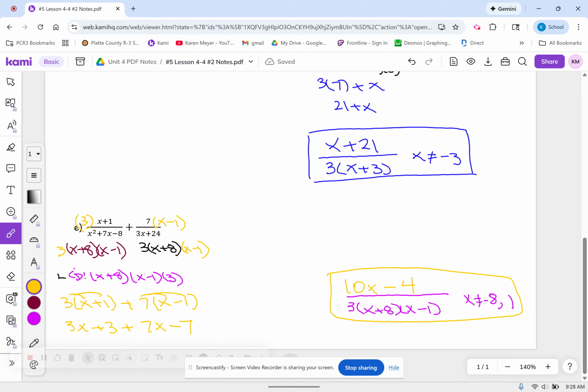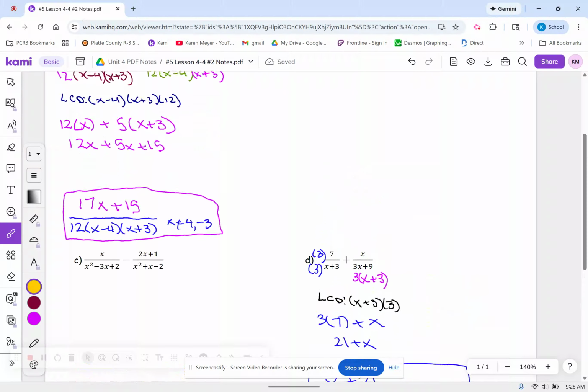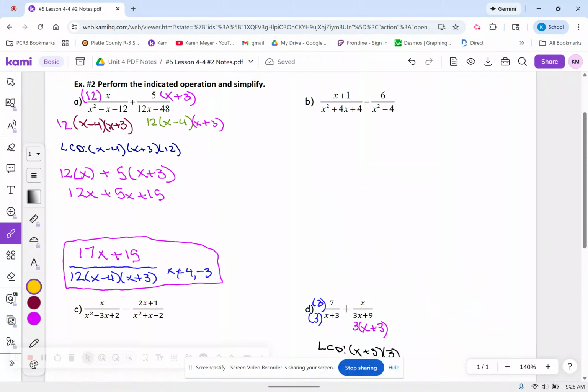So now we're going to switch over to some subtraction questions. I'm going to go back up here to part B and start with that one. You still want to break down the denominators, even though it's subtraction instead of addition. So fast factor: what multiplies for 4 that adds for 4? That would be x plus 2, x plus 2.